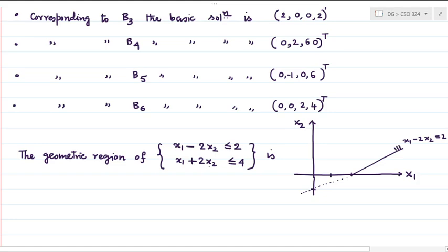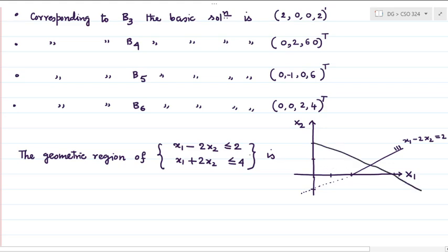And x1 by 4, x2 by 2, x2 by 2 is here, x1 by 4, let me suppose here. Then the line will straight away go to this, fine, this line.